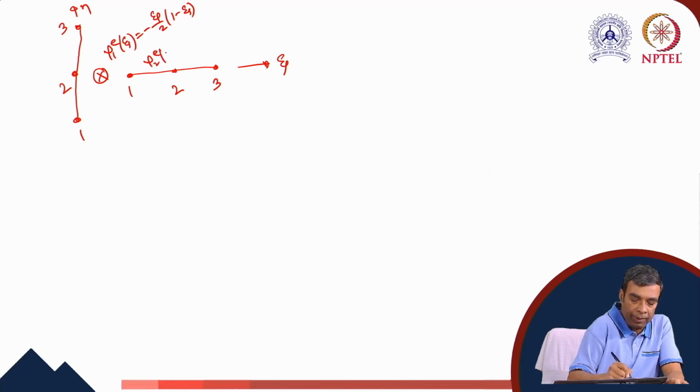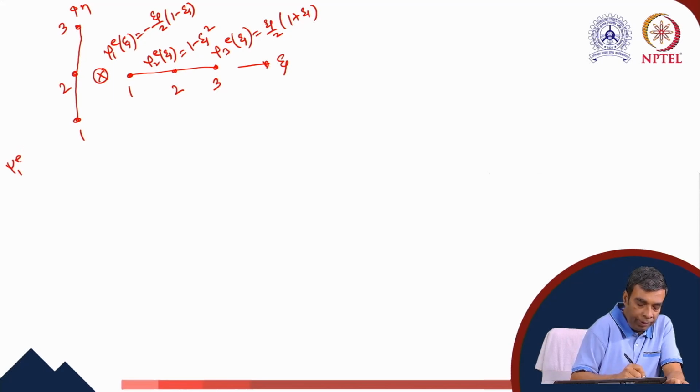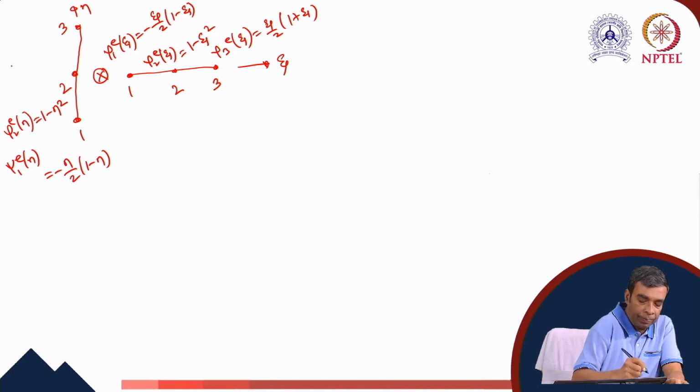Psi 2 e xi equals 1 minus xi square. Psi 3 e xi equals xi by 2 into 1 plus xi. Psi 1 e eta equals minus eta by 2 into 1 minus eta. Psi 2 e eta equals 1 minus eta square, and psi 3 e eta equals eta by 2 into 1 plus eta.